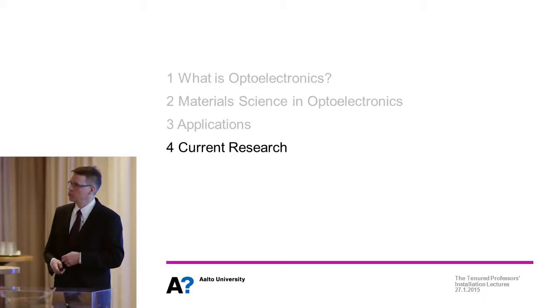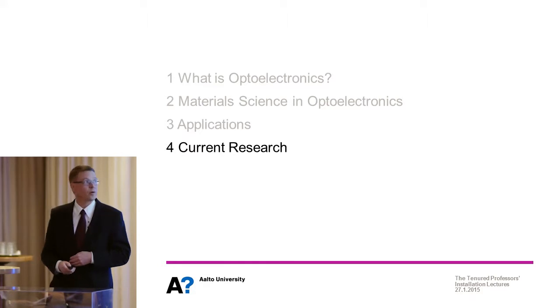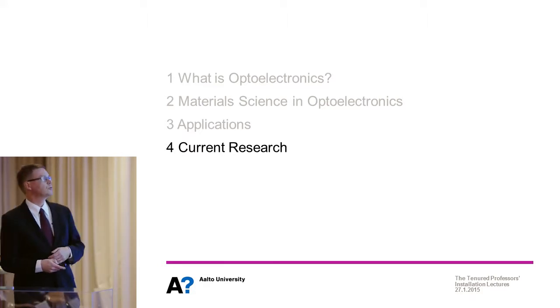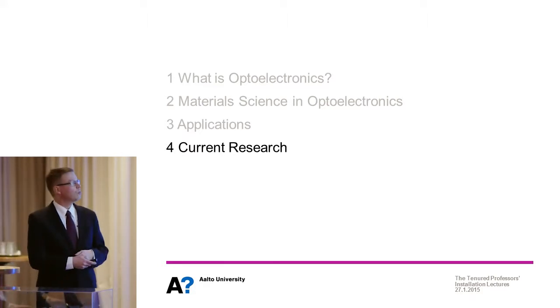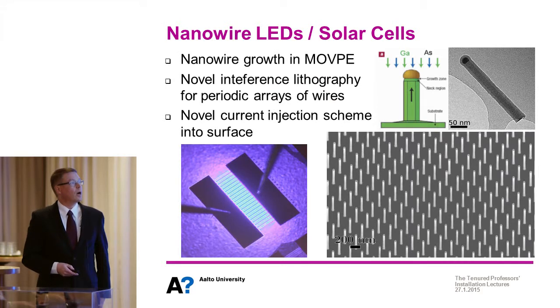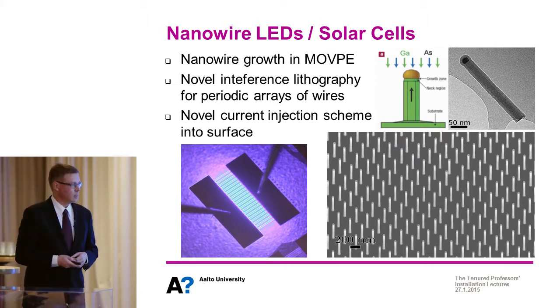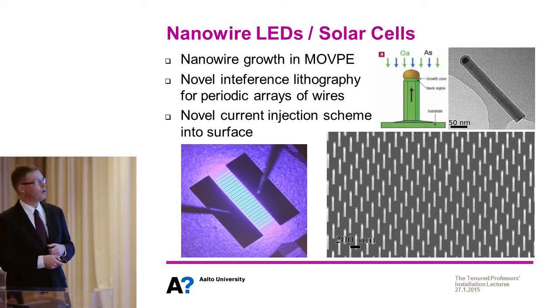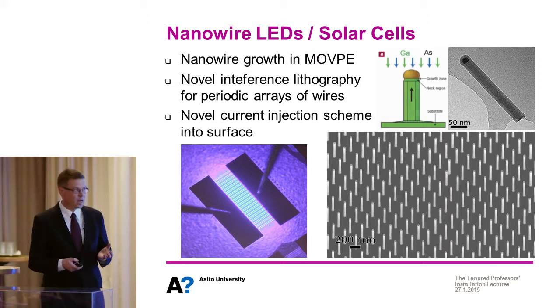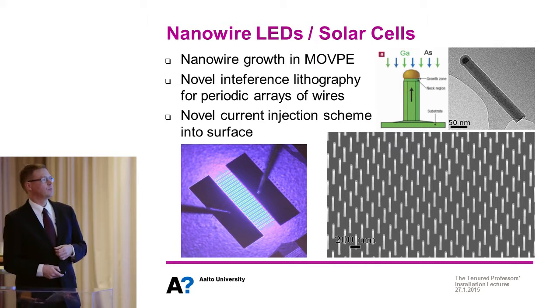Okay, and then I have two slides about current research and current directions, what we are doing. And one direction is to go into the nano world in the active part of the optoelectronic device. So here is an example of a nanowire forest, a periodic array, not a random array of nanowires.